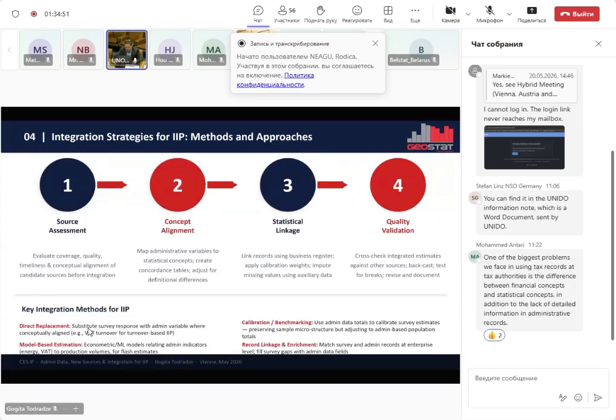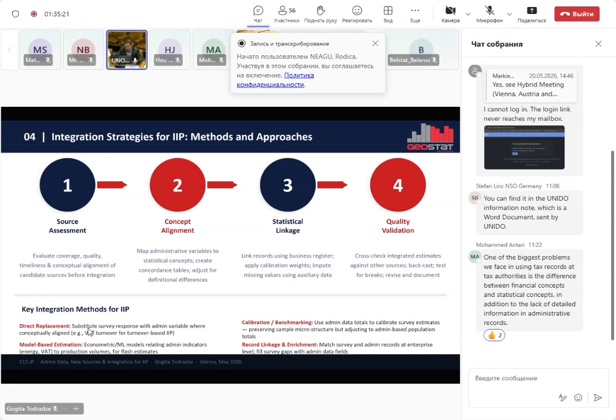Successful integration follows four steps. First, a rigorous source assessment before anything is used. Second, is conceptual alignment, mapping administrative variables to statistical definitions, which is painstaking and often takes several, even several months.